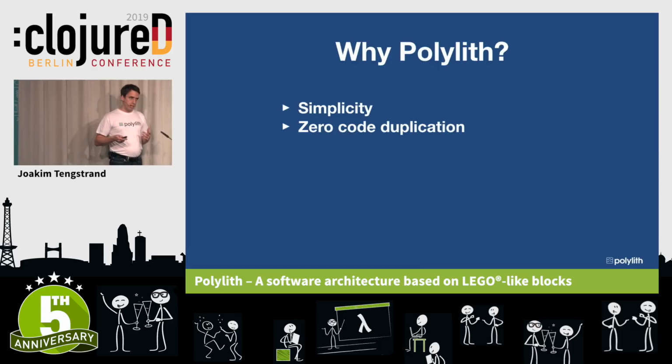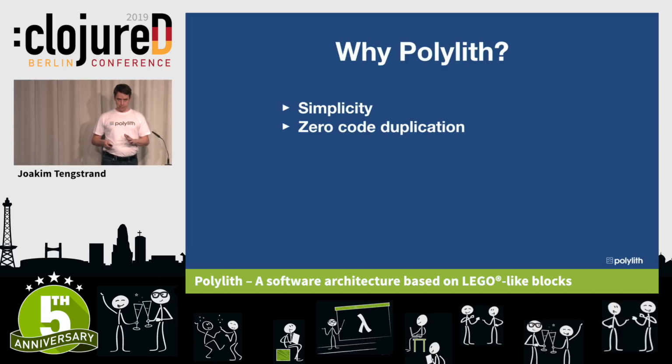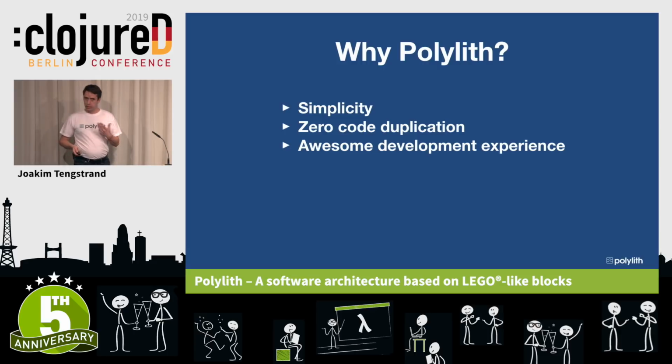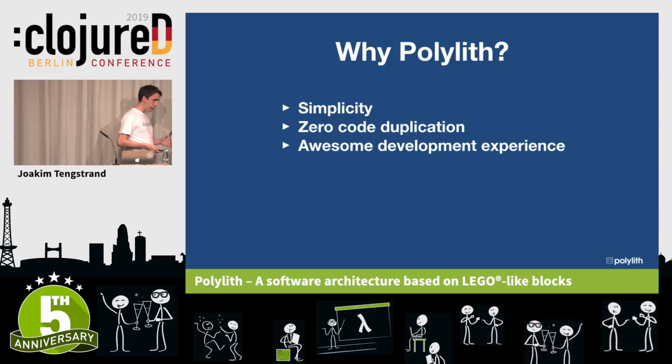One really nice feature with Polylith is that it removes all code duplication. The default is that it doesn't create any code duplication. And it gives you a really awesome development experience.